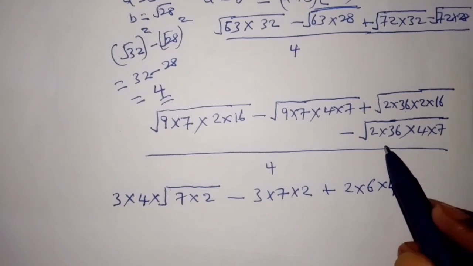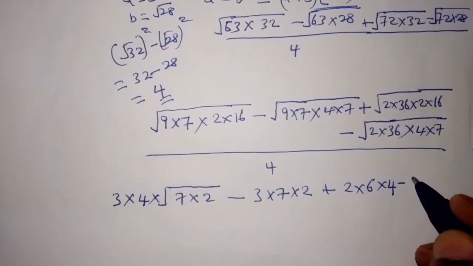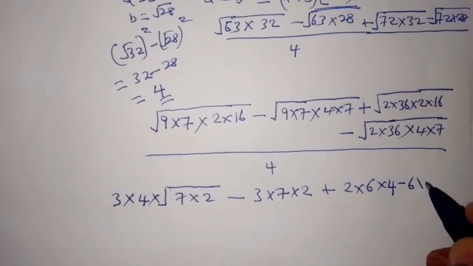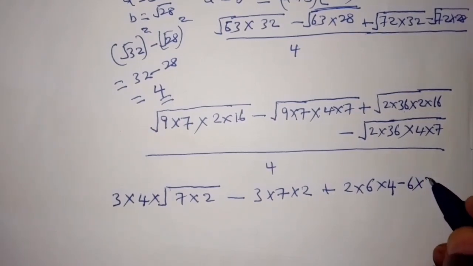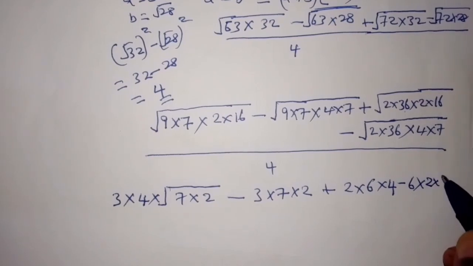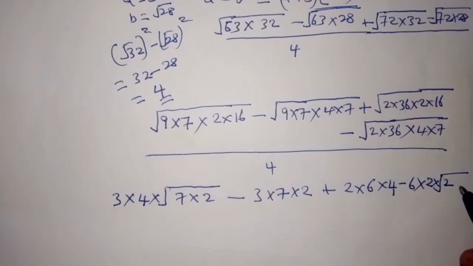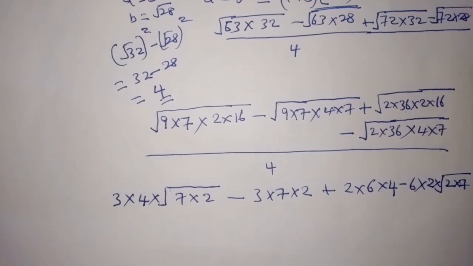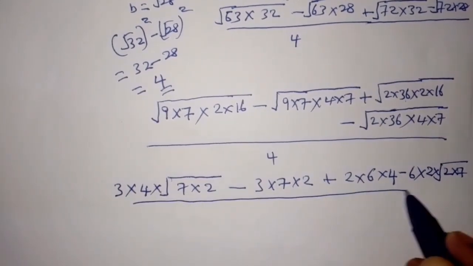Here, square root of 36 is 6. Square root of 4 is 2. Then we multiply by square root of 2 times 7, over 4.